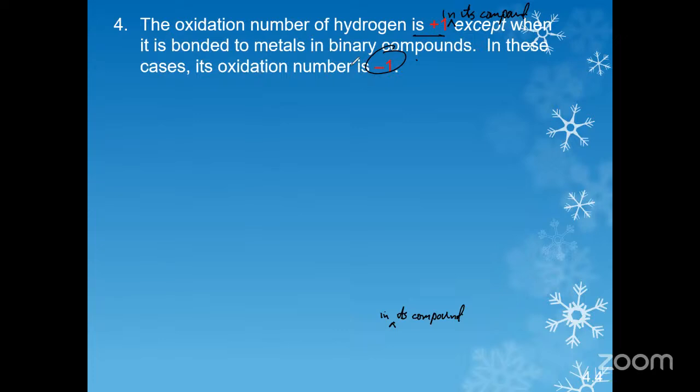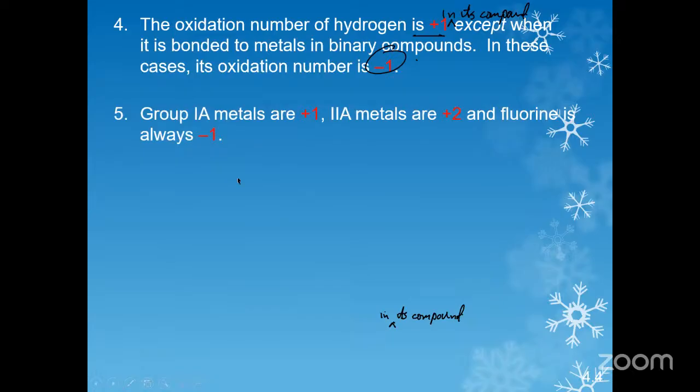I don't have an example here, so let me give a couple of examples. If you have, let's say, H2O, the oxidation number of hydrogen is +1 because hydrogen is bonded to a nonmetal.